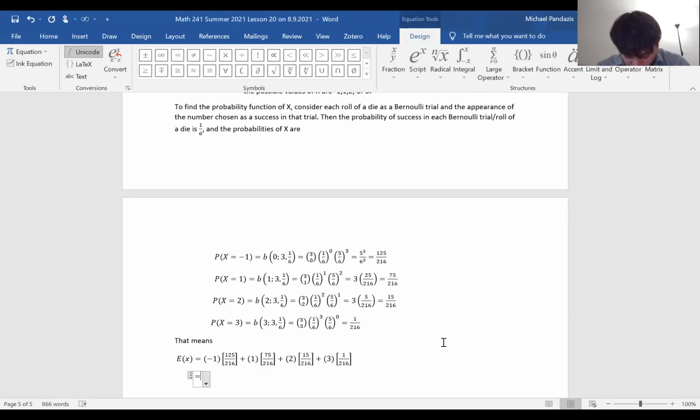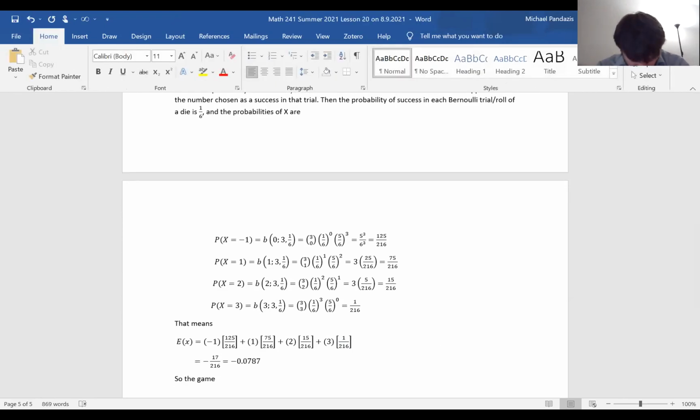Okay, you add up those products and you get negative 17 divided by 216, which is equal to, as a decimal, negative 0.0787.